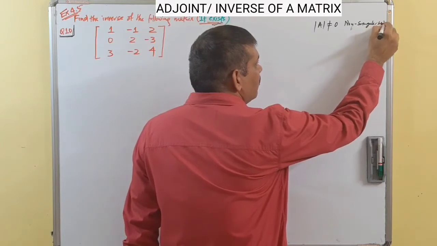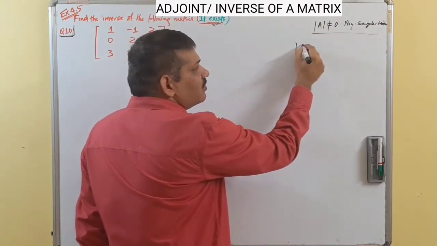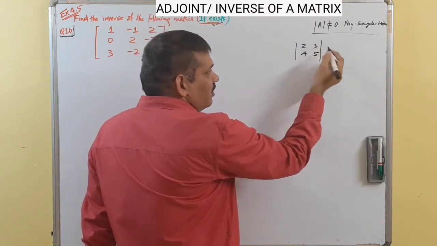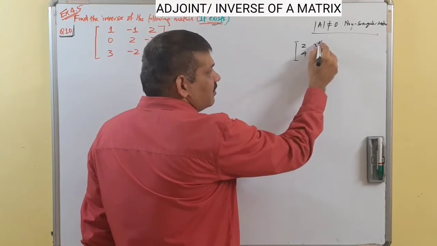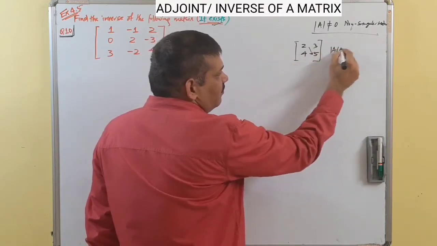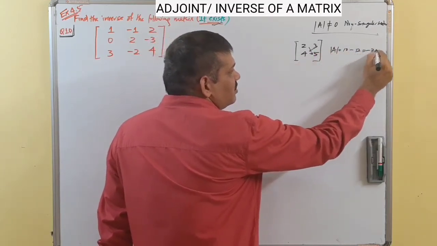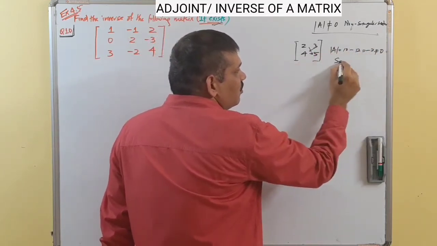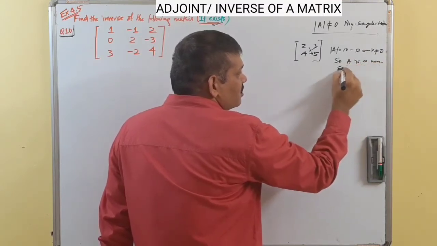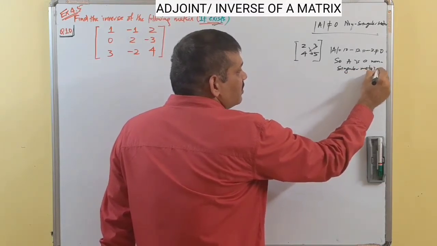non-singular matrix. Say I have a determinant with rows 2, 3 and 4, 5. The determinant of this matrix is 5 2s are 10 minus 4 3s are 12, that is minus 2, which is not equal to 0. So A is a non-singular matrix.